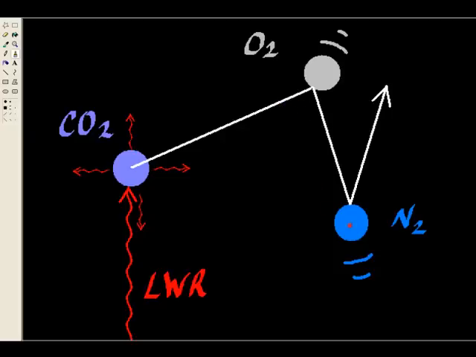When the CO2 molecule then bounces off and collides with a nitrogen molecule, it will transfer the energy it has gained from the long-wave radiation to the nitrogen molecule. Then the oxygen and the nitrogen molecules are vibrating more, they have more heat, and they immediately collide with other molecules in the air, other oxygen molecules, nitrogen molecules, argon molecules, and transfer their heat to those other molecules, thus heating up the whole atmosphere.